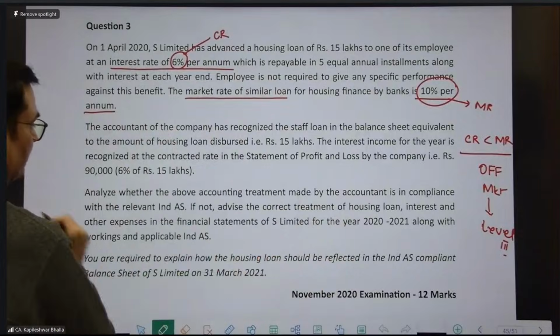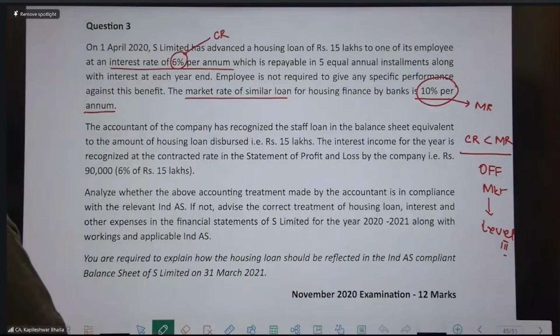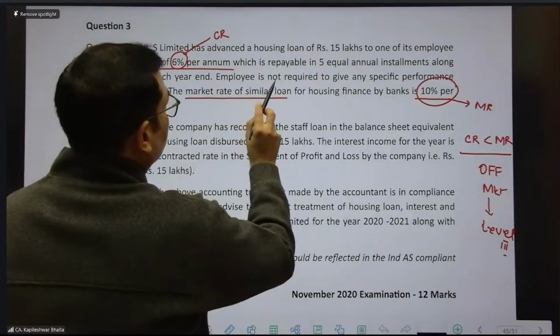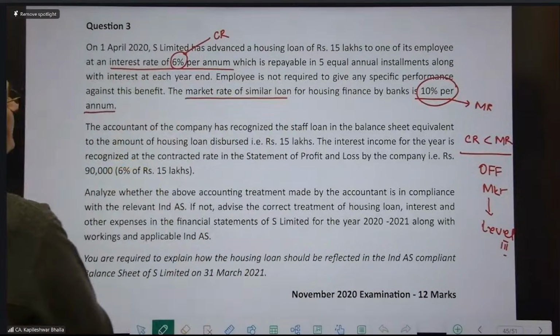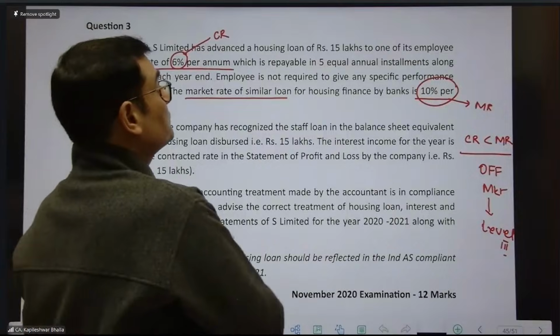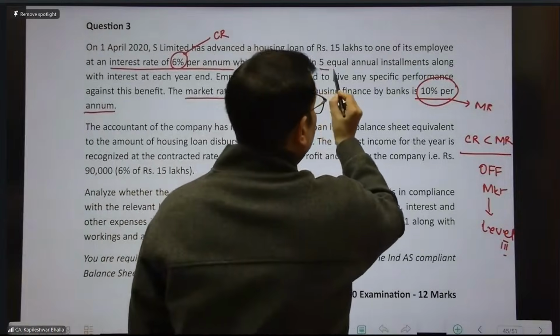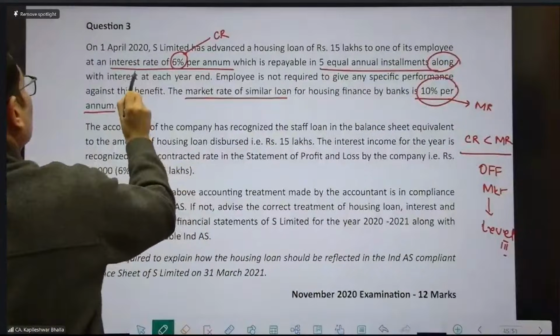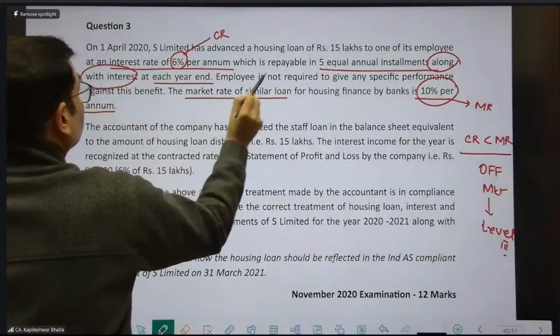Let's read this first. It says on 1st April 2020, S advanced a housing loan of 15 lakhs to one of its employees at an interest rate of 6%, which is payable in 5 equal annual installments along with interest at each year end.